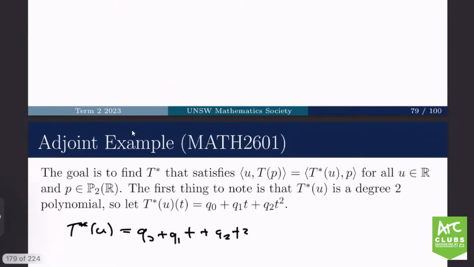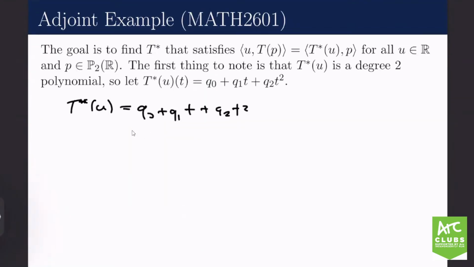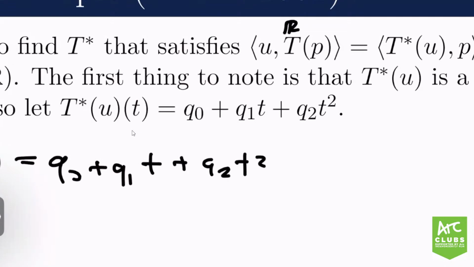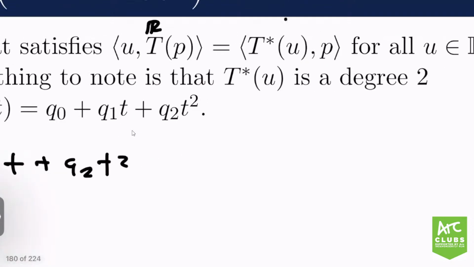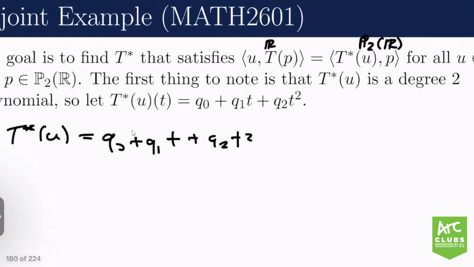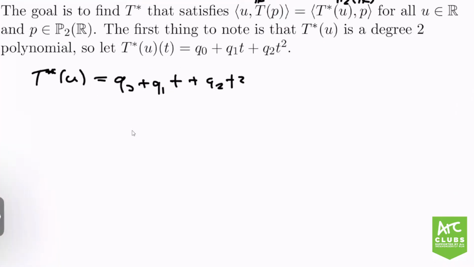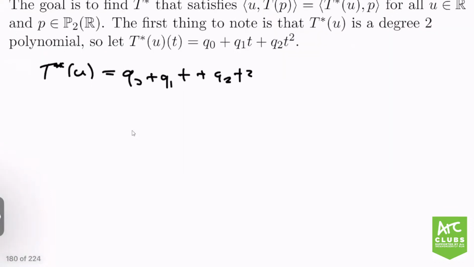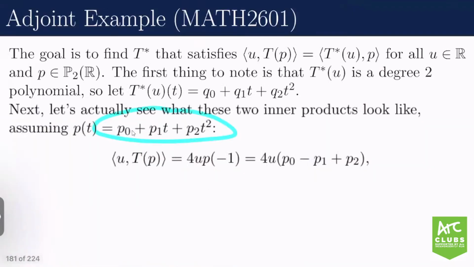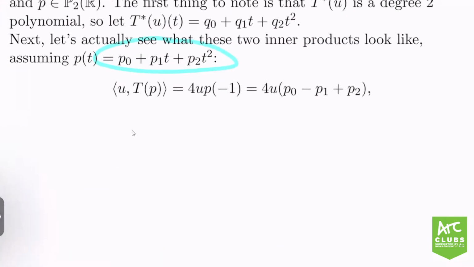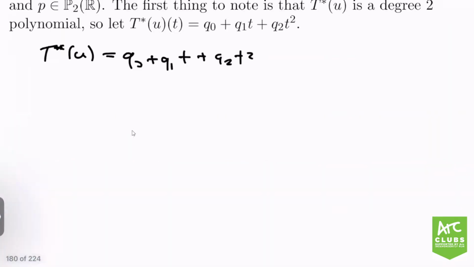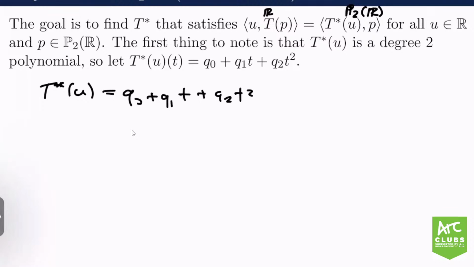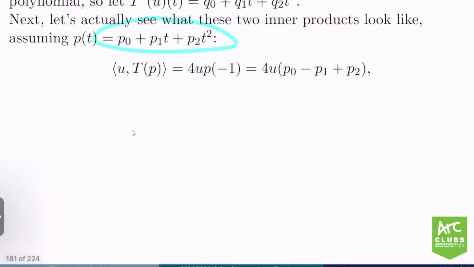The reason is that on the left, we have the inner product on R, and on the right, we have the inner product on P2 of real numbers. So T star of u will be a quadratic polynomial, and it's in our best interest to write it in this form. Similarly, we'll write p in this form. Now we actually have to find these two inner products, and we'll equate them and see what we can do.